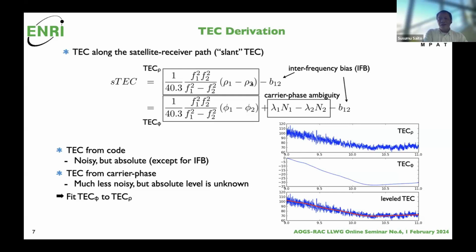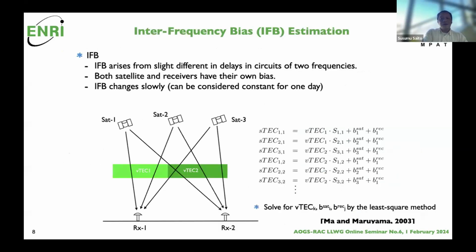We level the carrier TEC to code TEC to have a better, less noisy TEC. But we still have the interfrequency bias, so we need to estimate the interfrequency bias of the satellite and receiver.